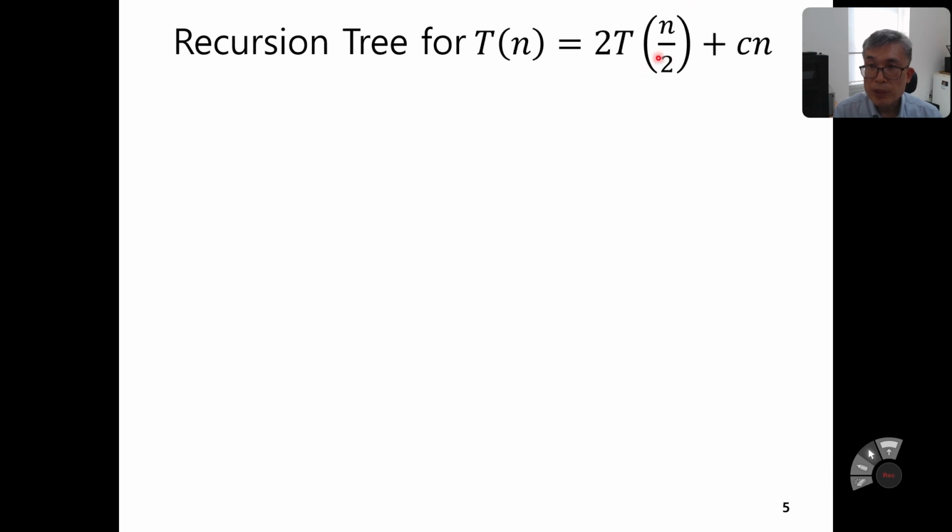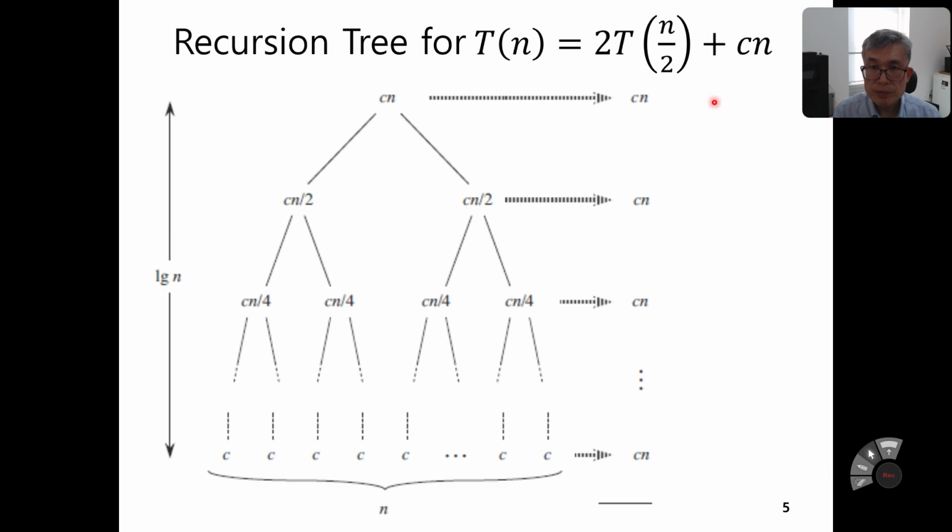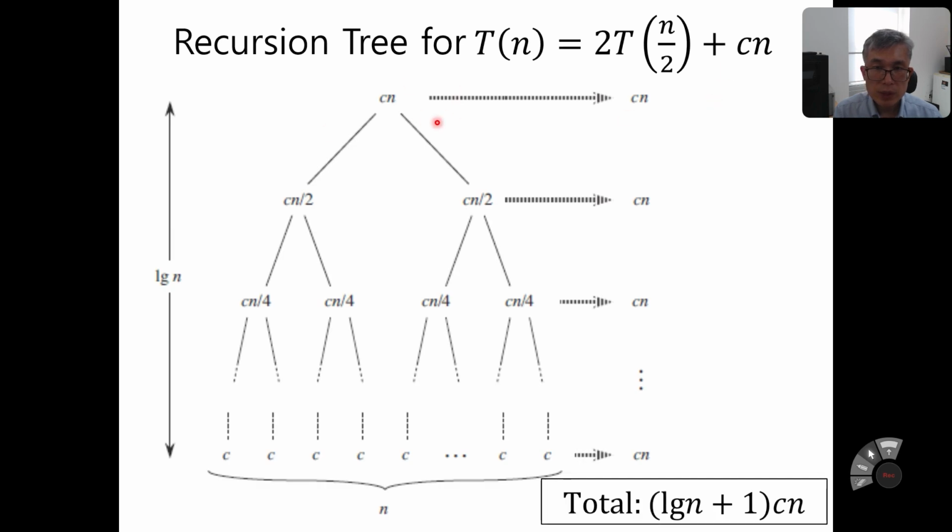Each sub-problem has input size n over 2, and this one is the combine cost. For the original size, Cn is the actual combine cost, and then into two sub-problems, the input size becomes n over 2 and another n over 2, right? So the merge stage for the two sub-problems combined, the sum is Cn.